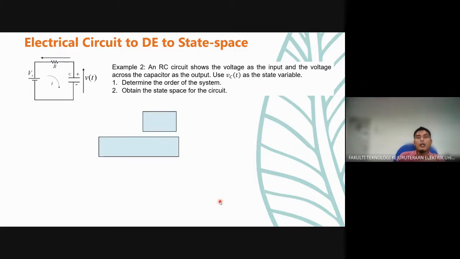In order for you to be familiar with how to do the modeling from the system to the differential equation to the state space, you must practice a lot. Once you are okay with this, I believe you are okay for control systems engineering too.